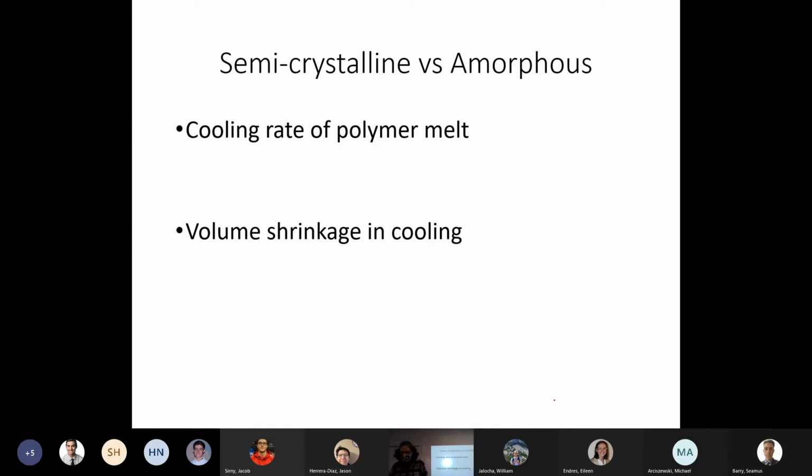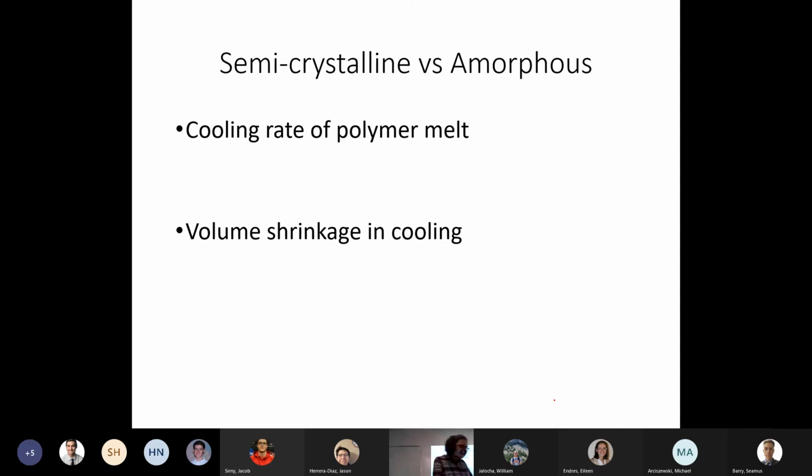Okay, so again, if we finish off with looking at those aspects of the material that affect processing. And so we want to look at cooling rate.